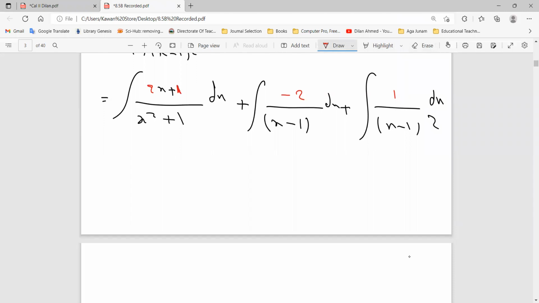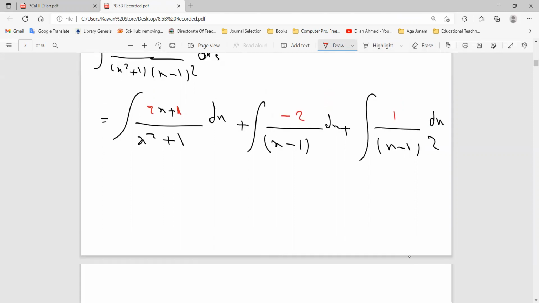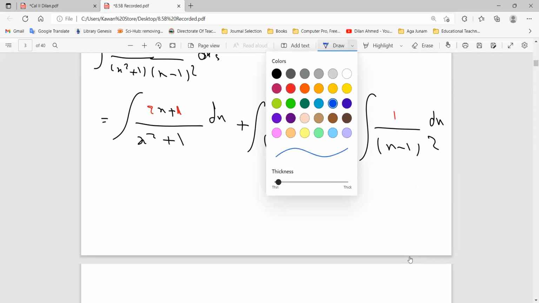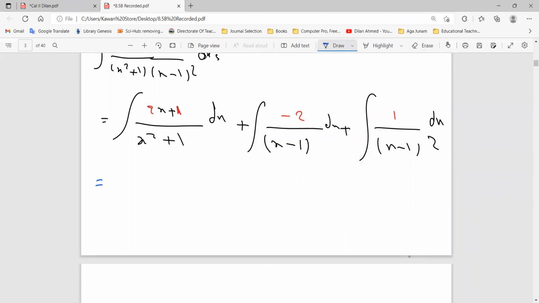Okay. Tell me about how we solve this integral. Yalla. For the first, we have a ln. Why?